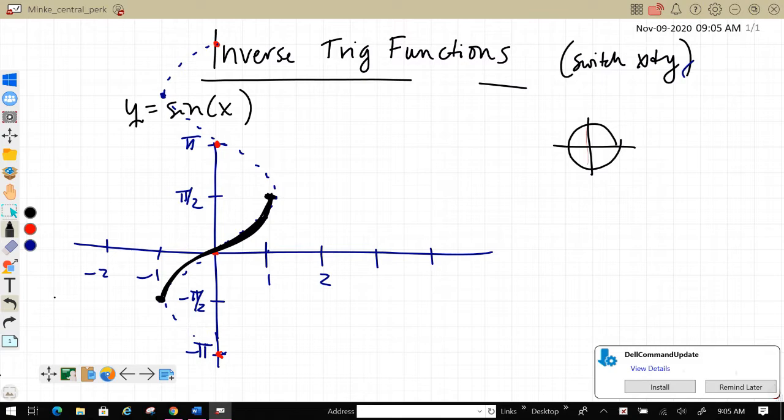So if this graph only exists between negative pi over 2 and pi over 2, okay, what part of the circle is that? What quadrants of the circle is that?